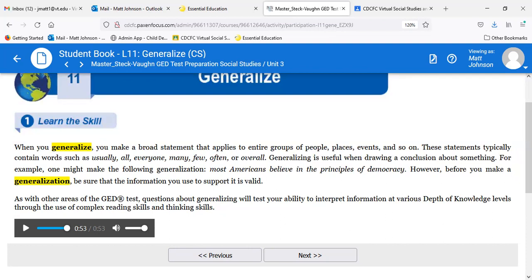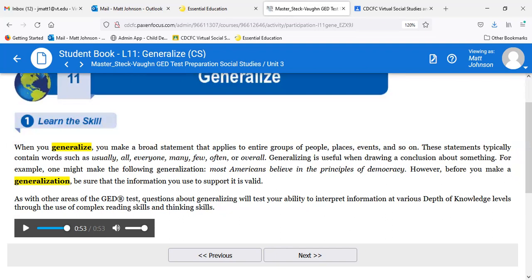When you're writing, you want to speak or write with some accuracy and precision with your evidence. So you want to minimize the amount of generalization that you use, and when you do use it, make sure that it really speaks to your point.